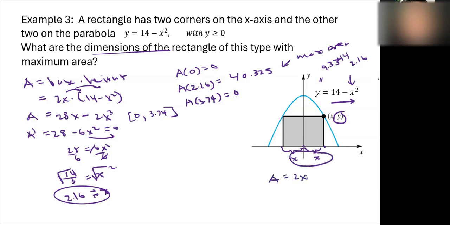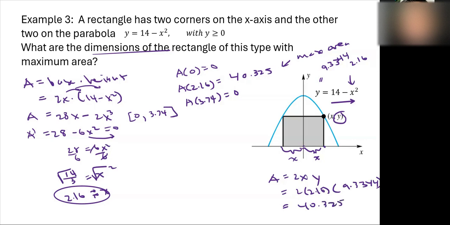All right. So if we look here at this diagram, the area is going to be 2x, because of here. Okay. Times that by y. All right. So 2 times x, where x is 2.16, and then y is going to give us 9.3344. Okay, so when we multiply that, we're going to get 40.324.